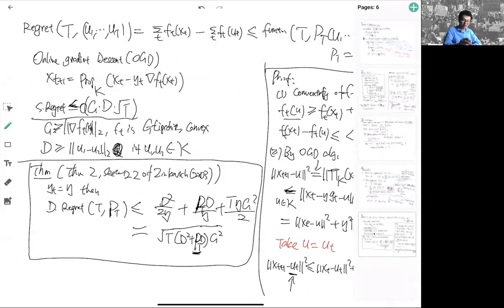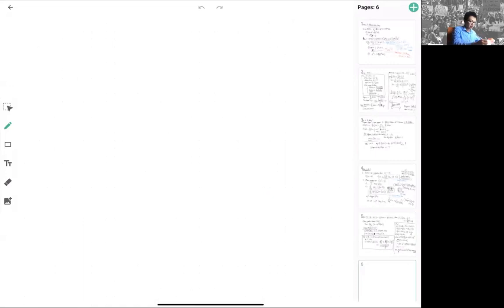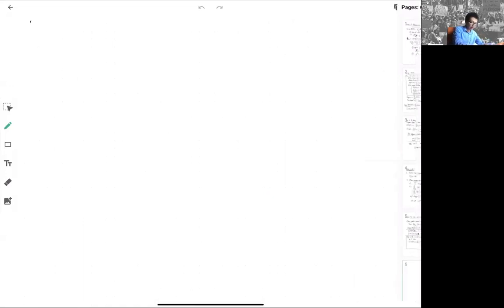So that's the next fact that I want to write down. Fact 3: we can decompose this by subtracting and adding ut plus 1 back.